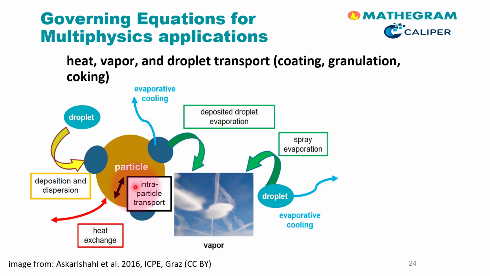As you know, liquid may also evaporate, forming vapor, which is illustrated here at the bottom right of this figure. Of course, also droplets might evaporate while suspended in the gas, adding additional complexity. All this is affected by the local temperature, which is impacted by heat exchange from and to the particles.